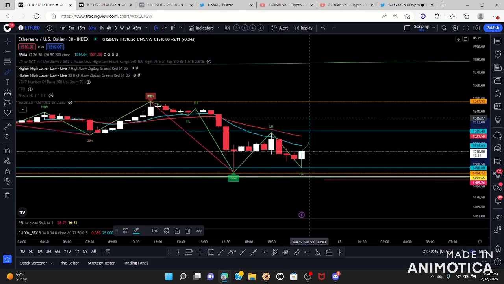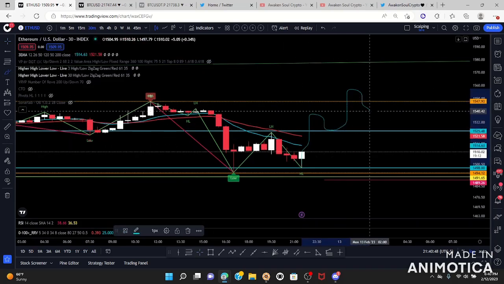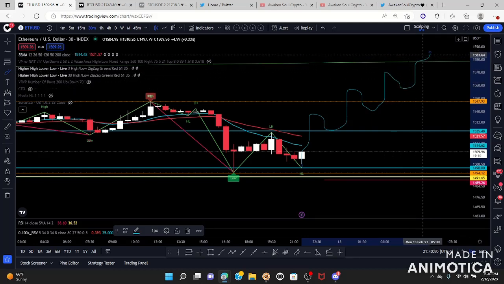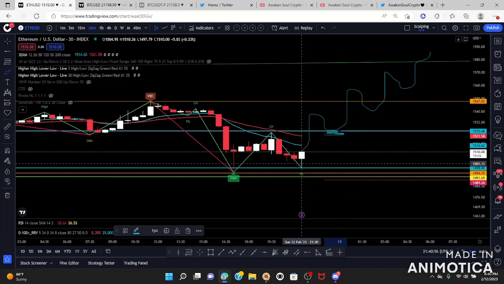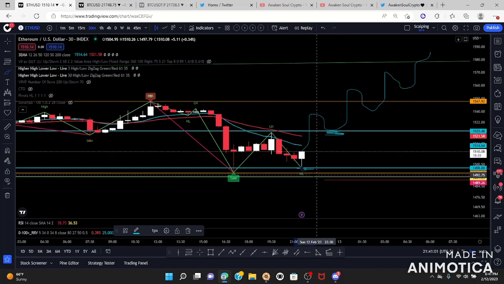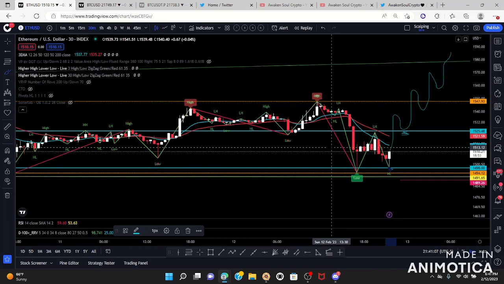wait for it to break, retest, right? Because that's how the charts are gonna move. So enter at higher lows, set your stop loss at previous higher lows, right? So wait for the confirmation to break and then enter, wait for the retest to come down.